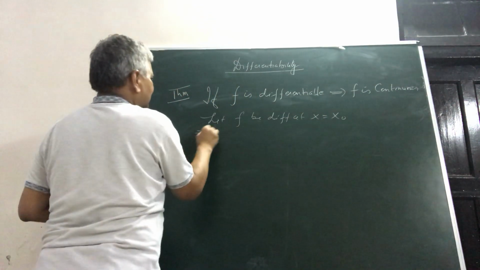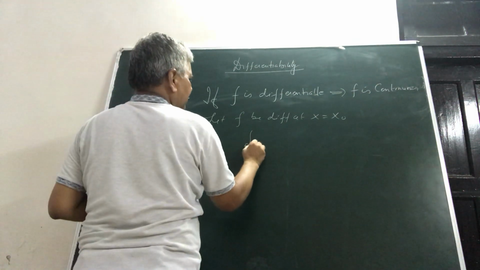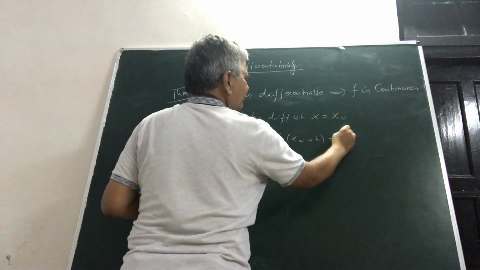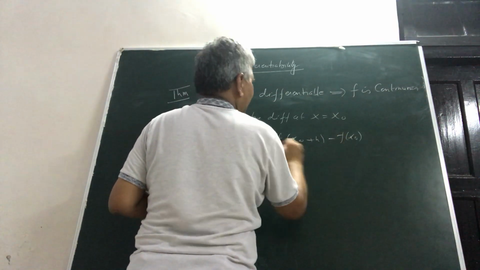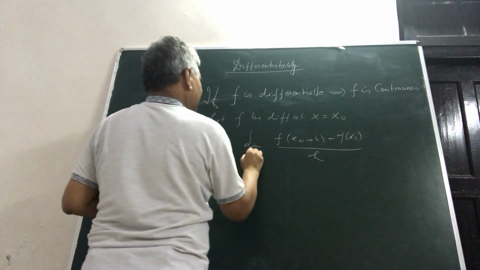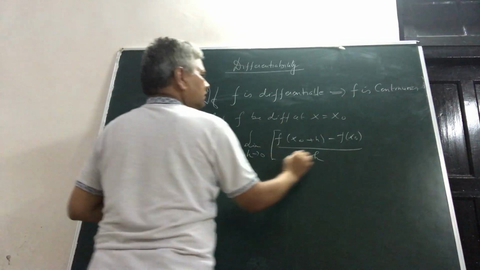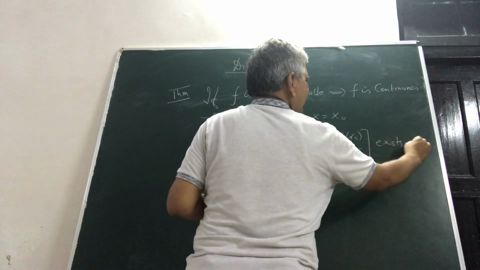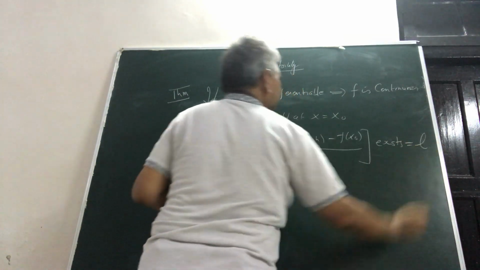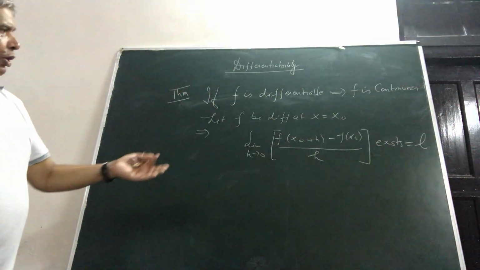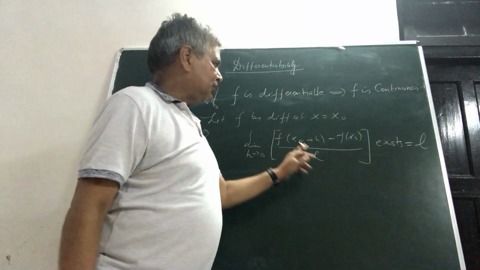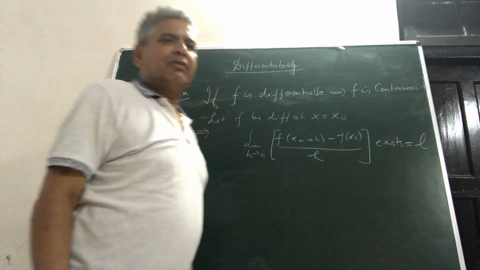This implies the limit of (f(x naught plus h) minus f(x naught)) upon h, as h tends to 0, exists. Say it is equal to L. Because it has been given that the function is differentiable at x naught, naturally this limit will exist.